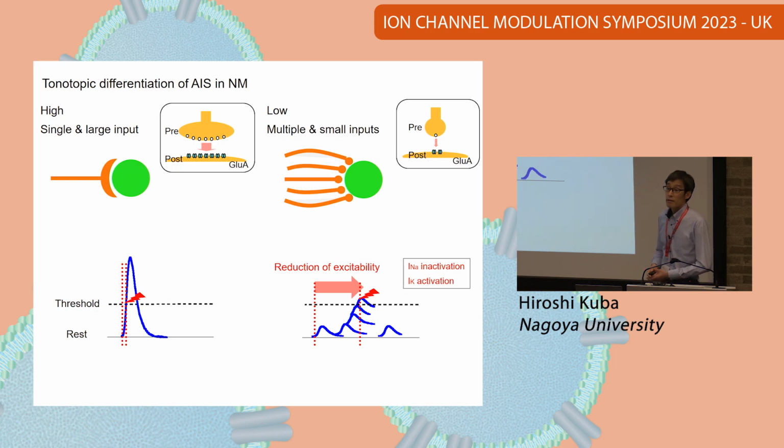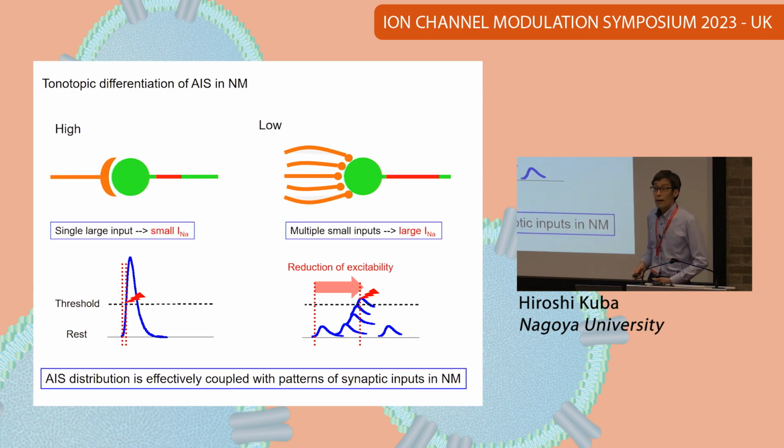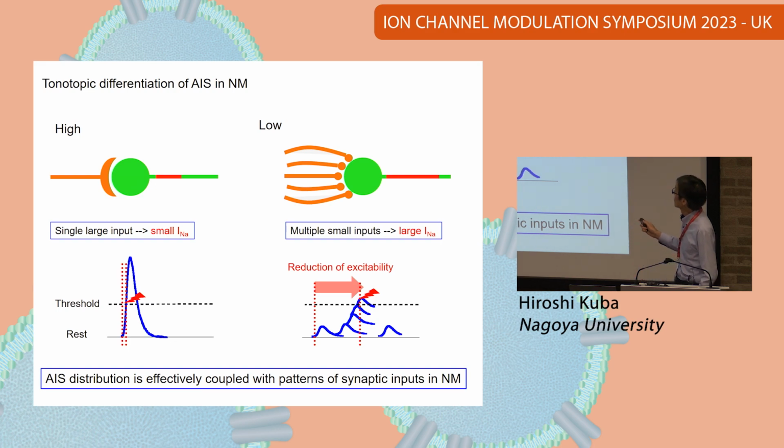However, the convergence of inputs reduces the excitability of neurons because it slows the rise of synaptic potentials and causes sodium current inactivation and potassium current activation. Therefore, the long AIS is particularly important for the low-frequency cells to overcome this reduction of excitability during the converging input.